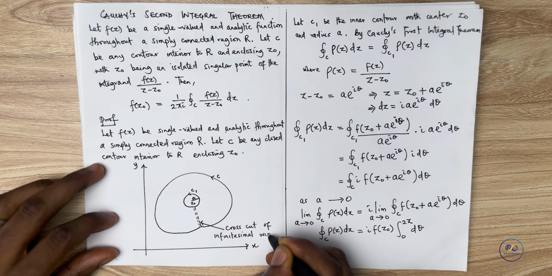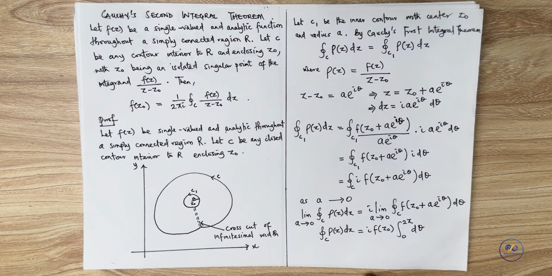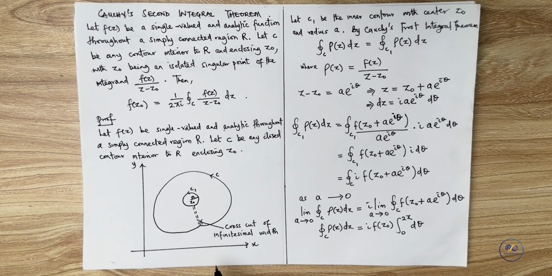By creating this cross cut, we have ensured that the difference between the cross cut is so small, and of course the hole in the middle is also as small as possible because the radius is as small as it can be. We have connected the inner hole with the outer contour, thereby creating a simply connected region, which means you create a region such that if you start from a point, you can draw back to that point without any breakages.